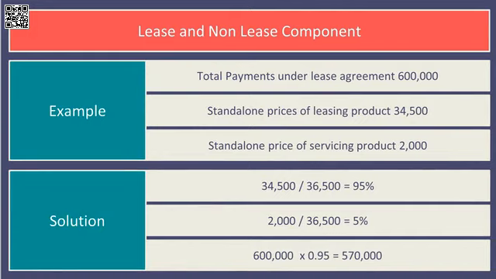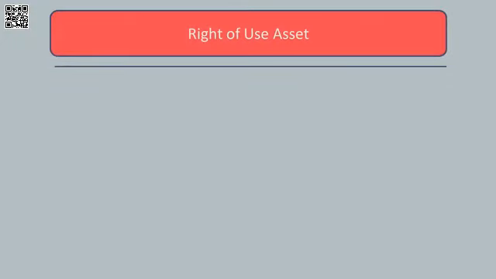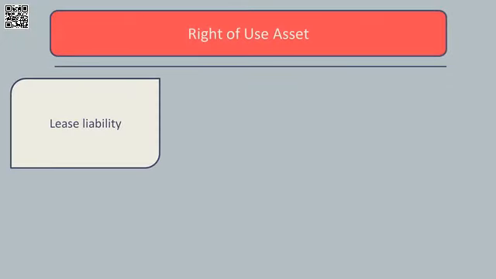So once we've calculated the liability side of things, we're in a position to calculate the right of use asset. And you can see here that the right of use asset is basically the present value of the lease payments that we've just calculated.